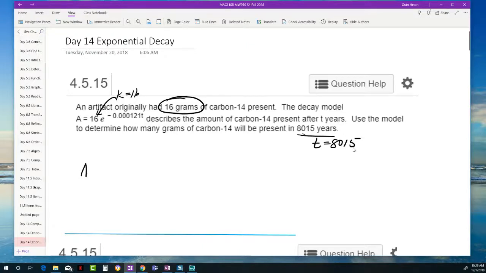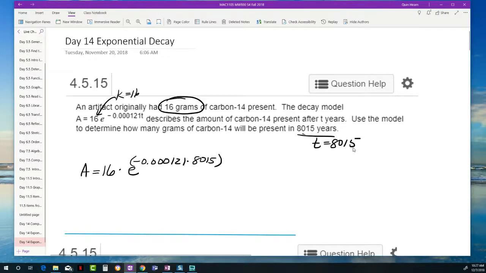So all we have to do is plug in A equals 16 times e to the negative 0.000121 times 8,015. All right, so let's make sure you can enter this into your calculator and come up with the right answer.